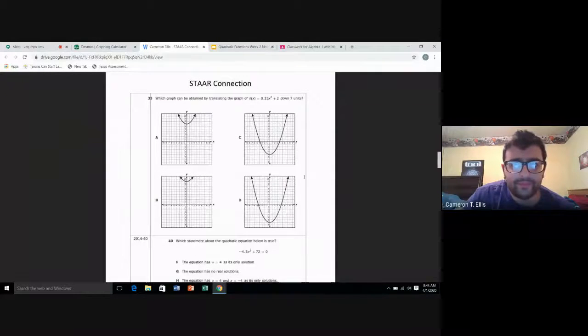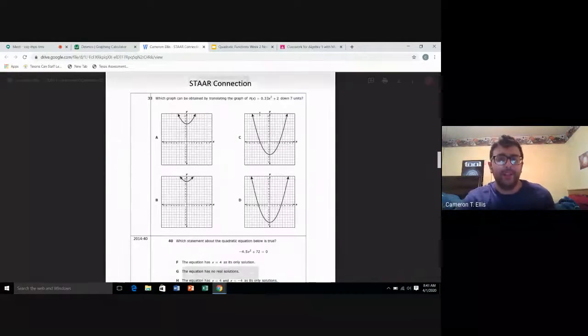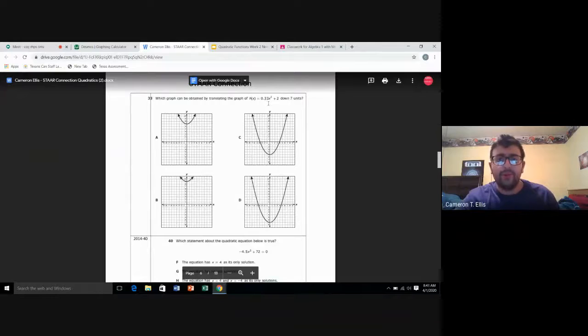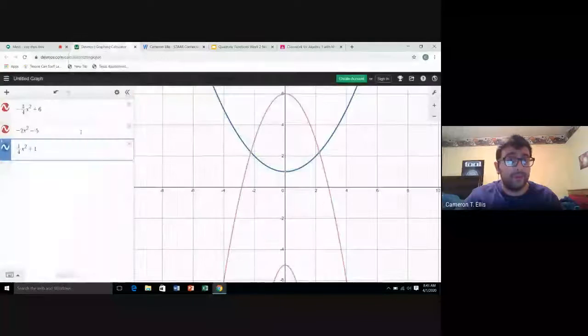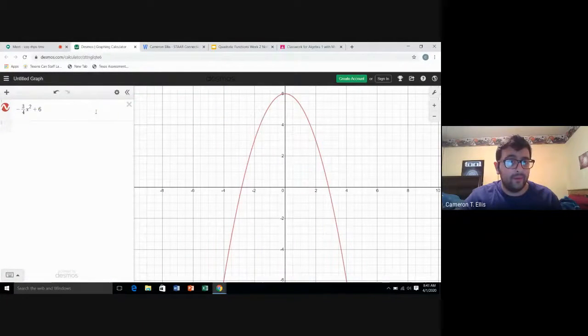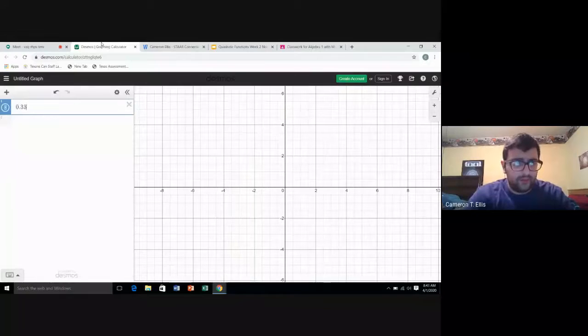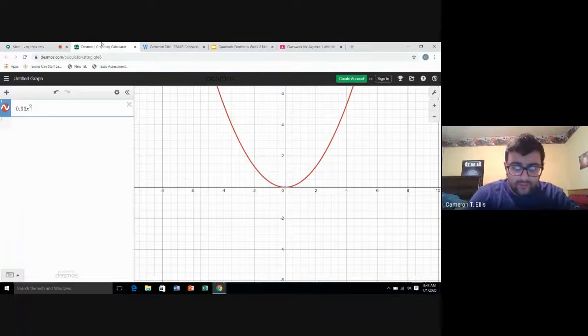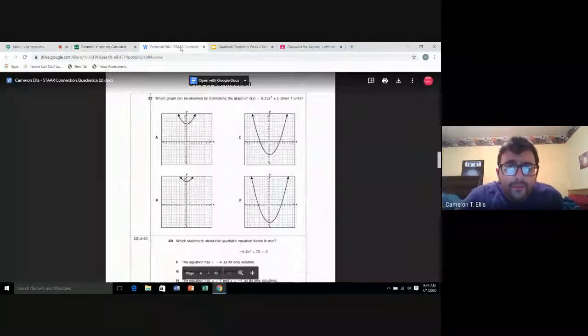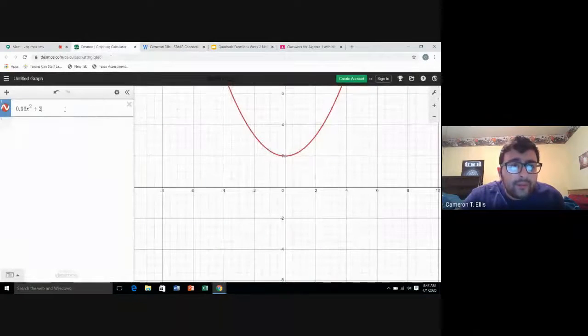Okay. Which graph can be obtained by translating the graph of 0.33x squared plus 2 down 7 units? So let's just graph 0.33x squared plus 2, right? Okay.